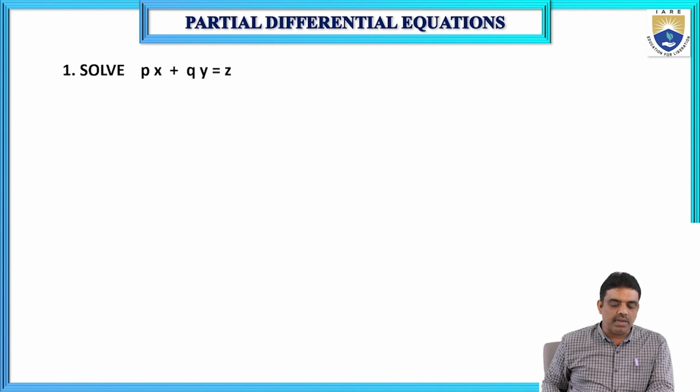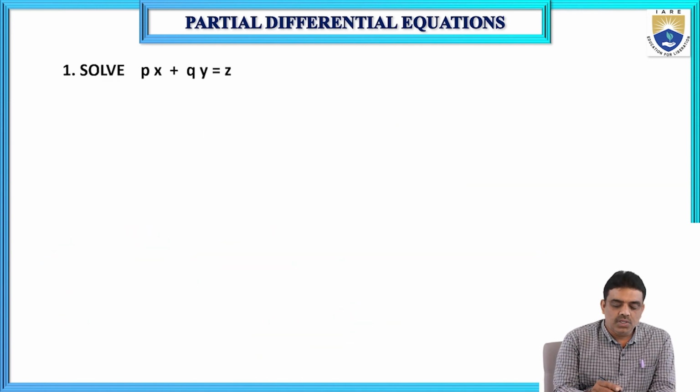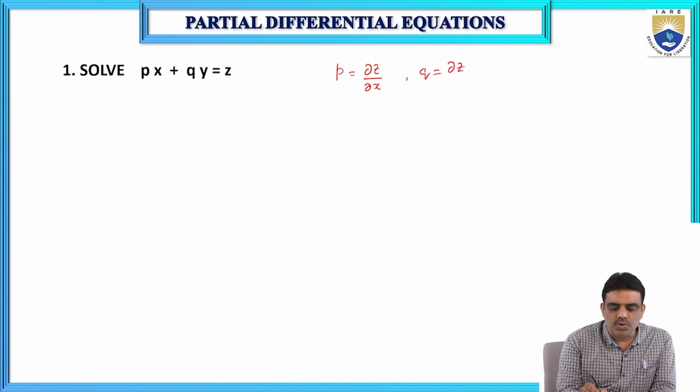First problem: solve the differential equation px + qy = z. We know that small p is ∂z/∂x, and small q is ∂z/∂y.